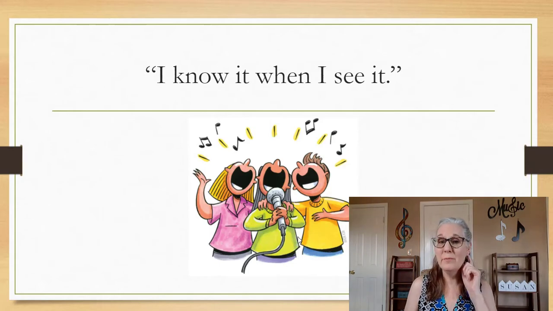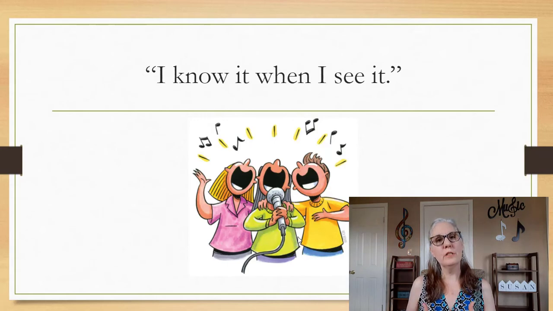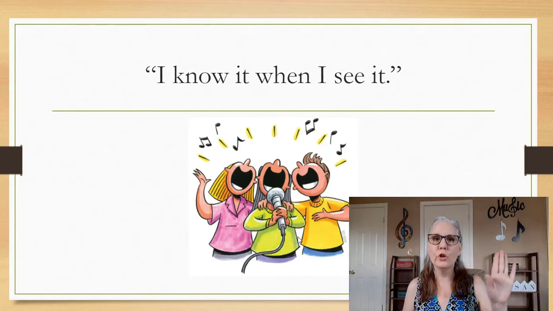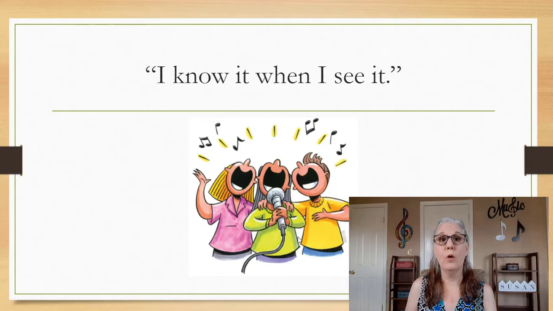But parents and administrators don't want to trust that you really know what you're doing based off of your subjective, I-know-it-when-I-see-it kind of philosophy. So there seems to be almost like a curtain of mystery or a shroud of mystery surrounding elementary music grades, possibly middle and high school grades as well, but my focus right now is on elementary music.